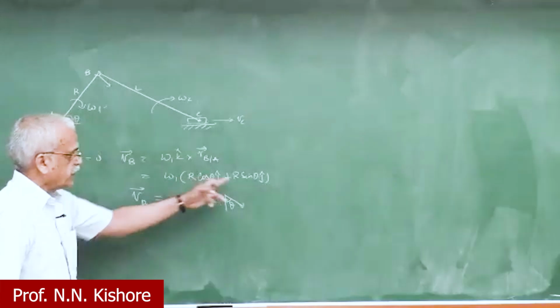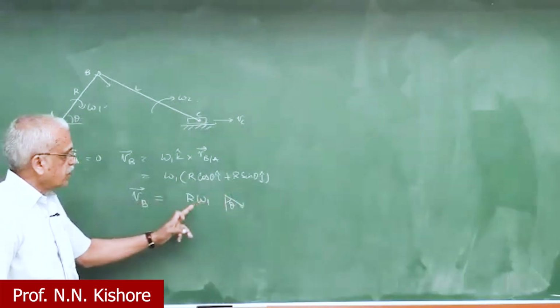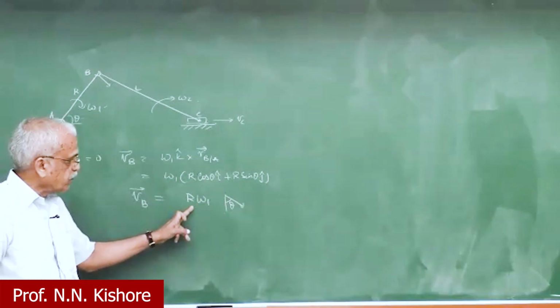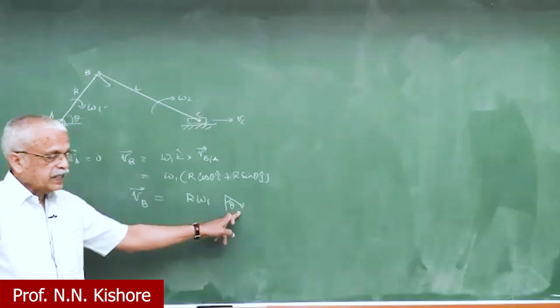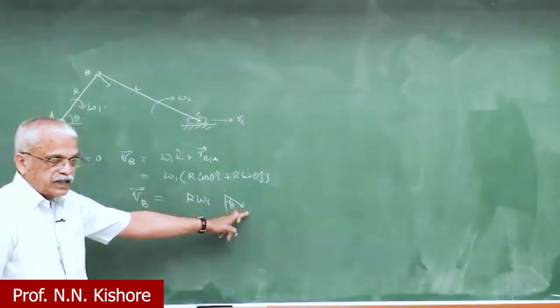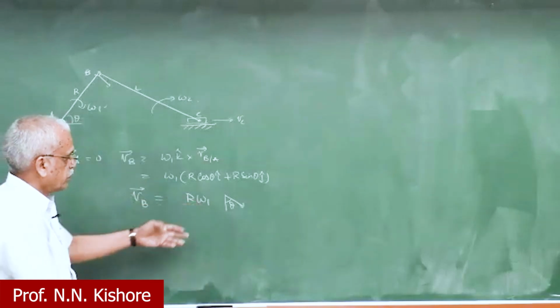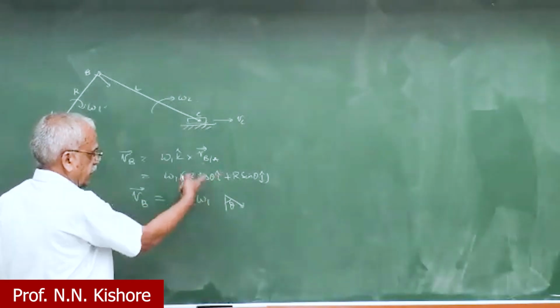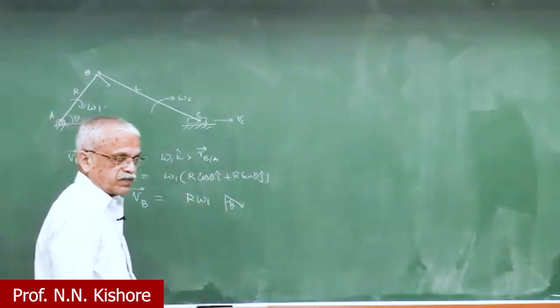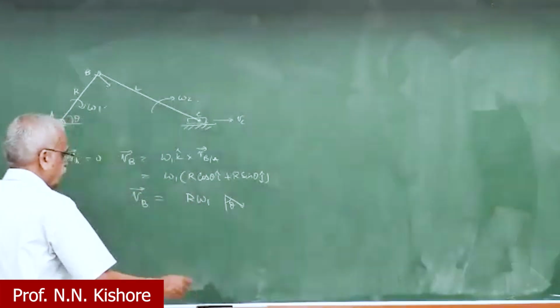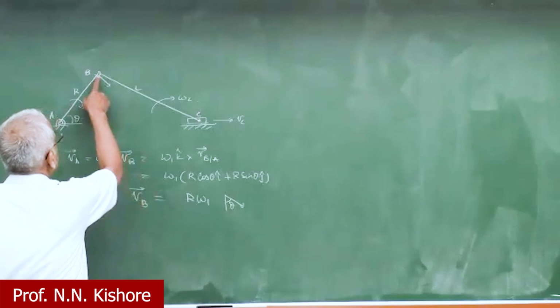I can either write it in terms of i and j, or simply show the magnitude and the direction. With the vertical, it makes an angle of theta. You can even write this into horizontal and vertical components; that's equally good enough. So you know the velocity of B.